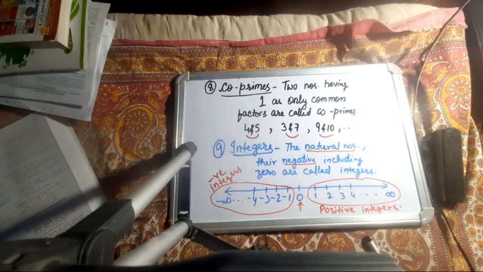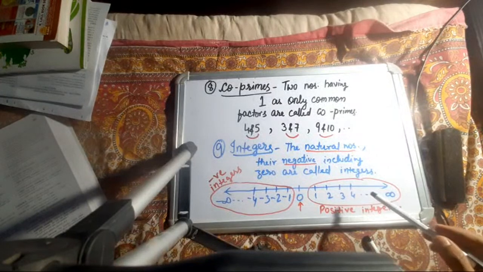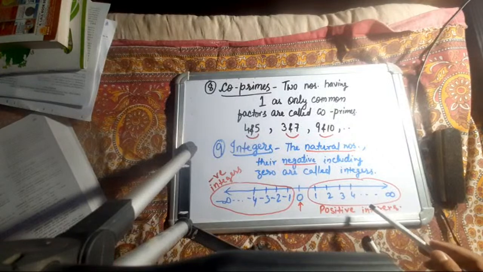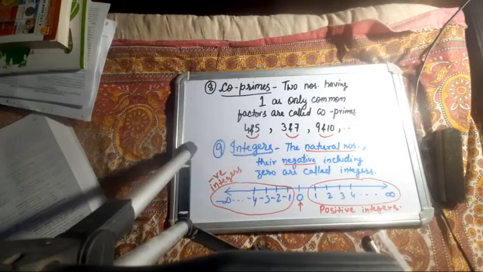We could also say that positive integers are simply the natural numbers, and the negative integers are the negatives of the natural numbers.